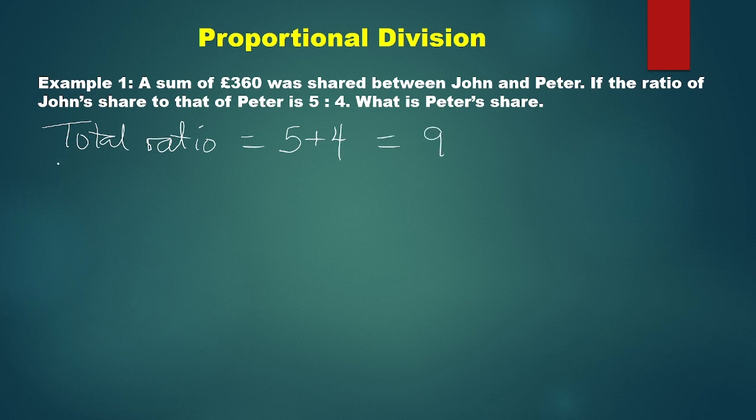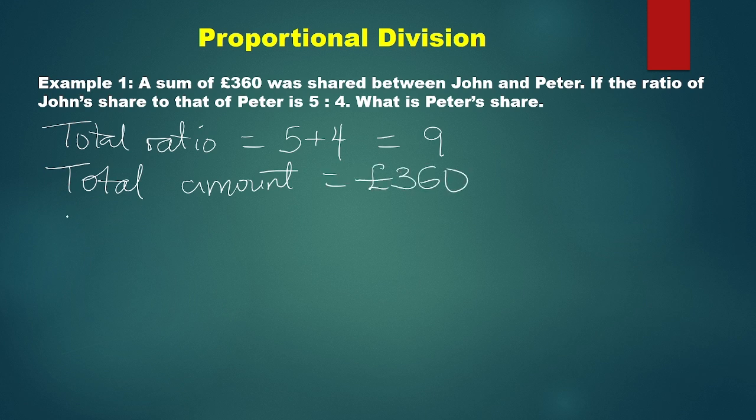Next, you know that the total amount that they want to share is £360. To get Peter's share, we'll simply say Peter's ratio, which is 4.